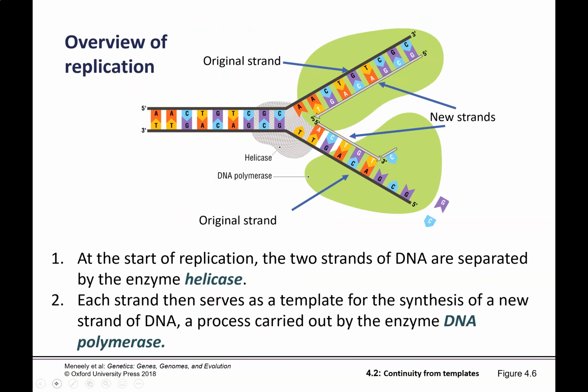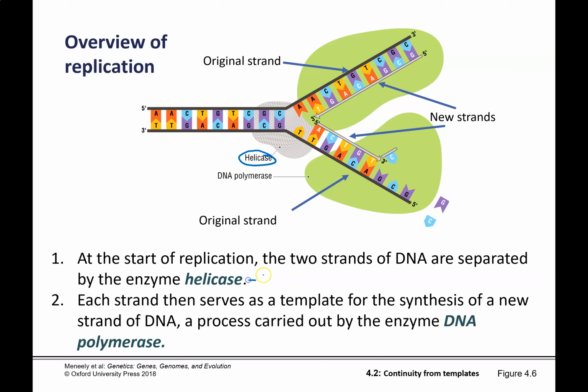So, overall view of replication. There are two major steps to this. To start off replication, two strands of DNA are going to be pulled apart. Now this is going to happen using an enzyme called helicase.